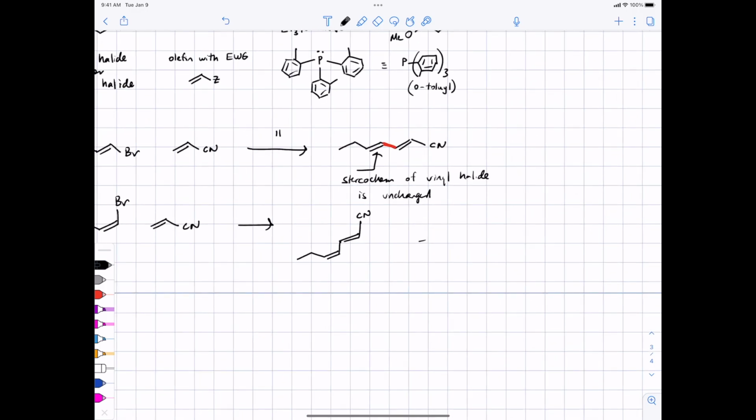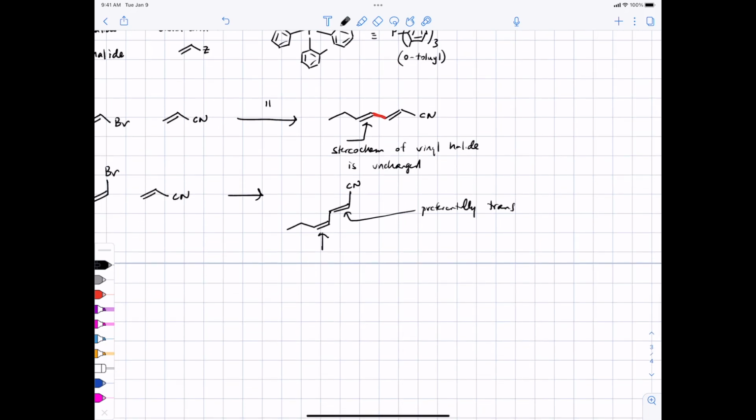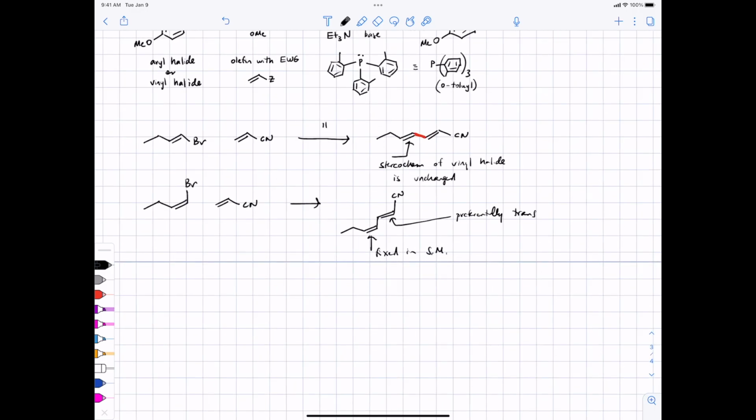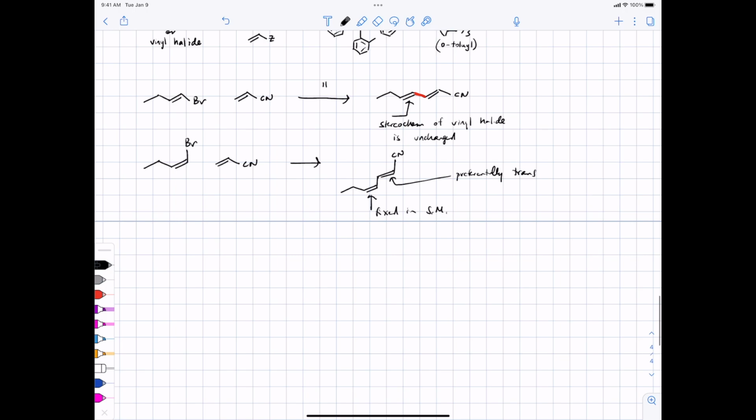This double bond from the olefin is still going to be preferentially trans, but this stereochemistry from the original vinyl halide is fixed in the starting material. Okay? So you can control the stereochemical outcome of the reaction based on the stereochemistry of the vinyl halide.